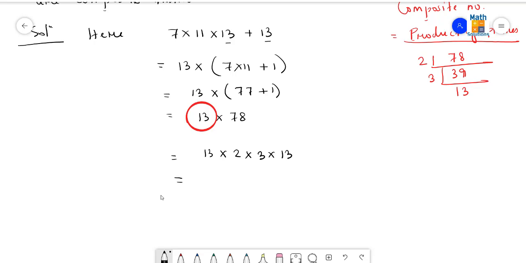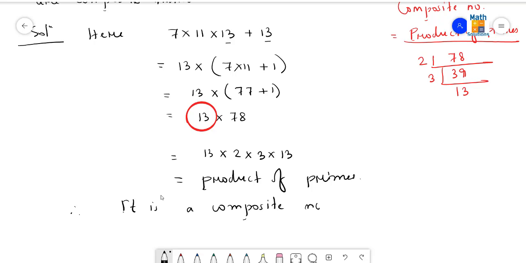So these are a product of primes. Hence, it is a composite number. So for the next part, for the next question, it will be what?